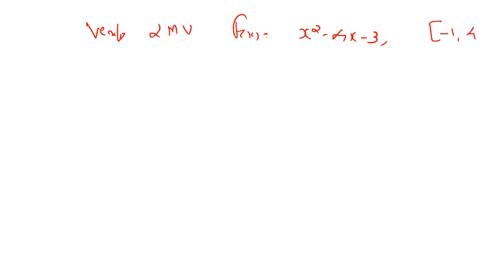Now, verify LMVT for the function f of x is equal to x squared minus 4x minus 3 on closed interval minus 1 to 4. So what is our f of x? F of x is equal to x squared minus 4x minus 3.